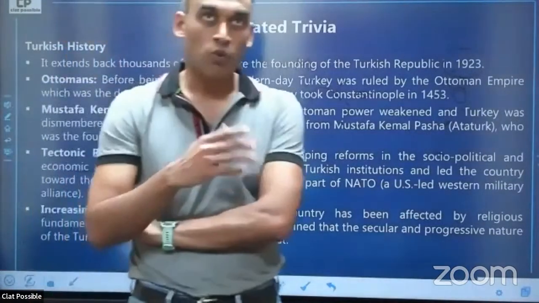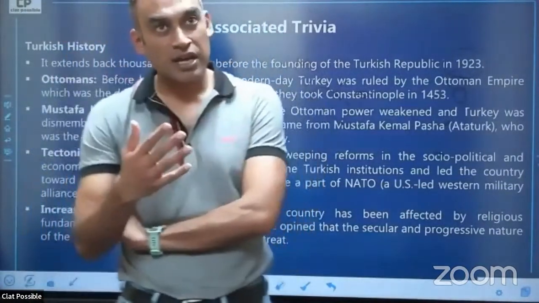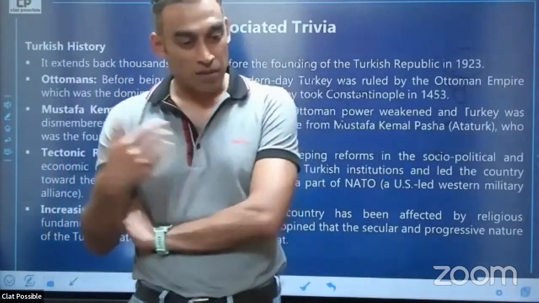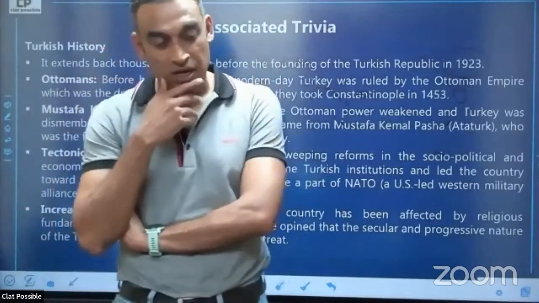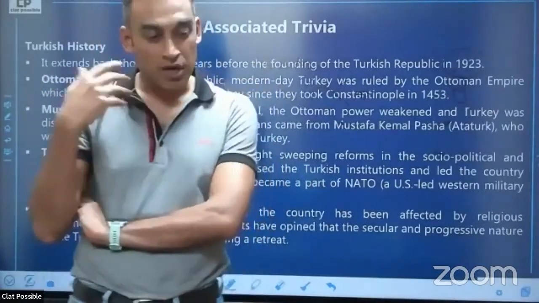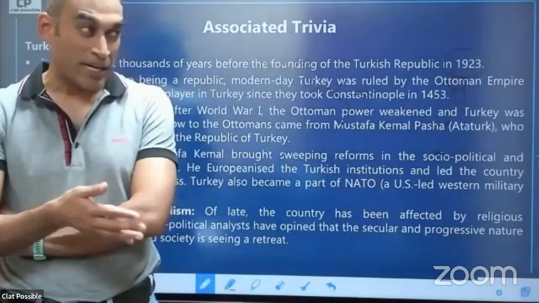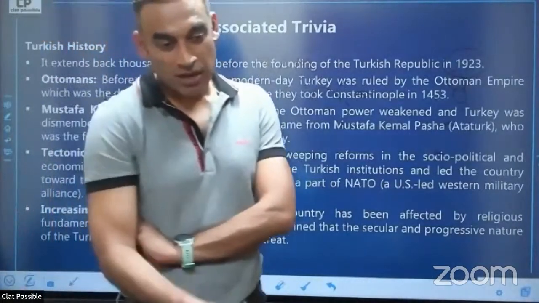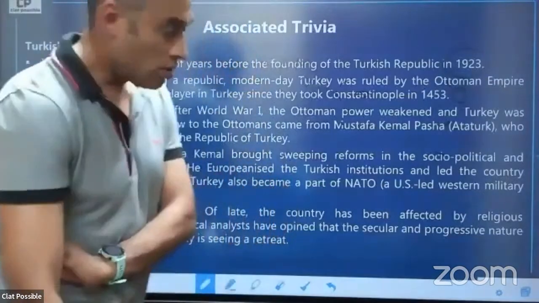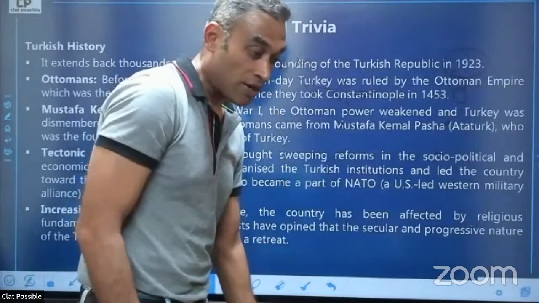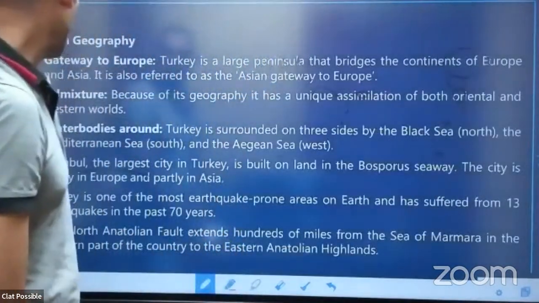During the Ottoman rule, it was a mosque. And when Kemal Pasha became the president in 1923, he converted that into a museum. And it again became a mosque now, right? So Hagia Sophia was quite in the news last year.